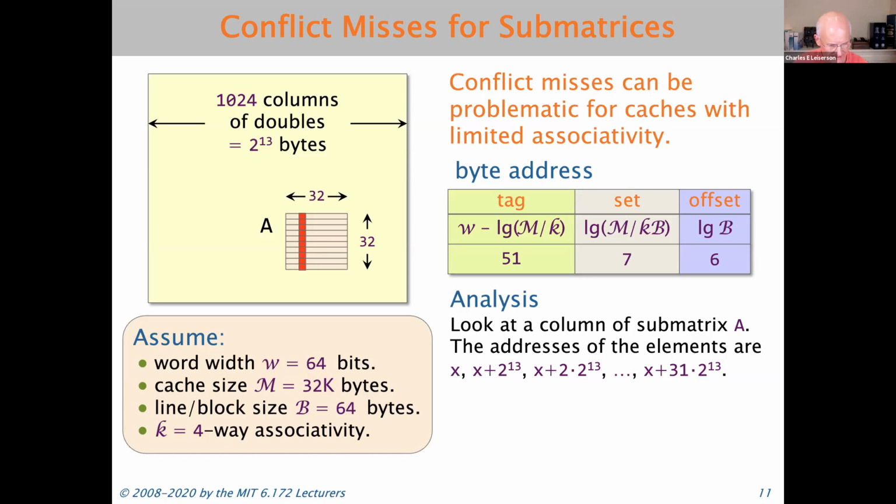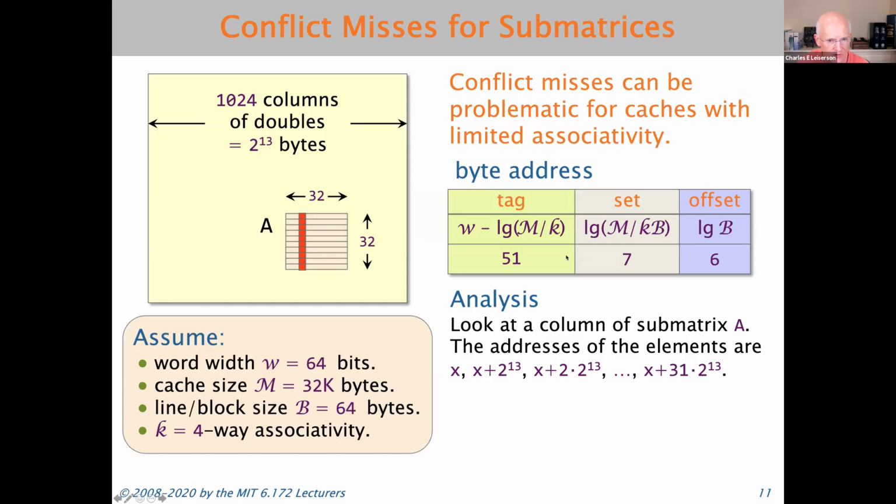Yep, so they all have the same set, because the set size is a divisor of 2 to the 13th. So if you think about it, the low order 13 bits are how many bits we have in the set and offset.